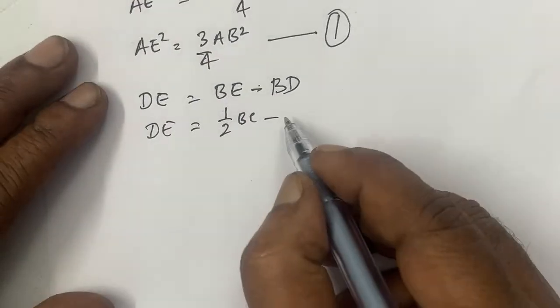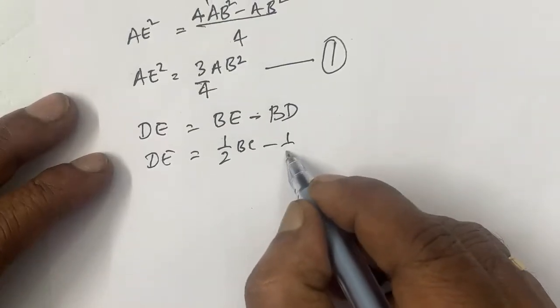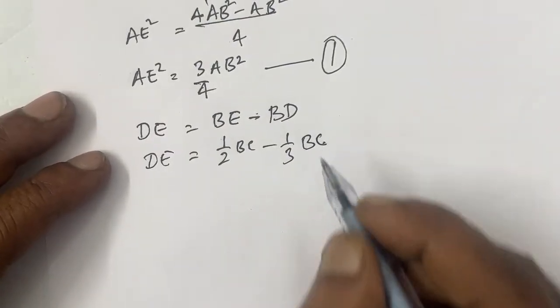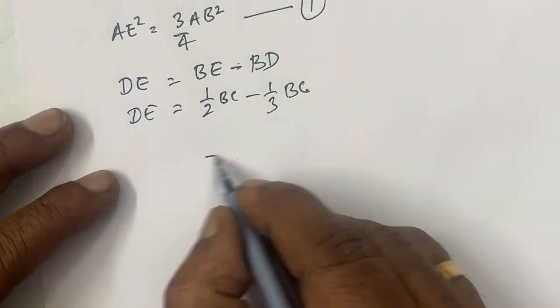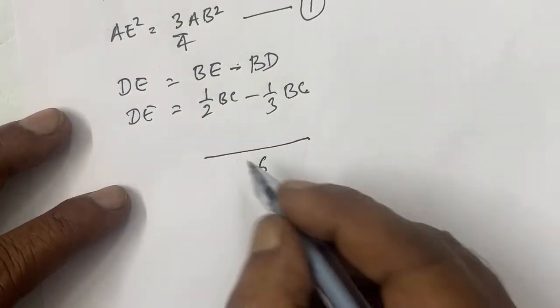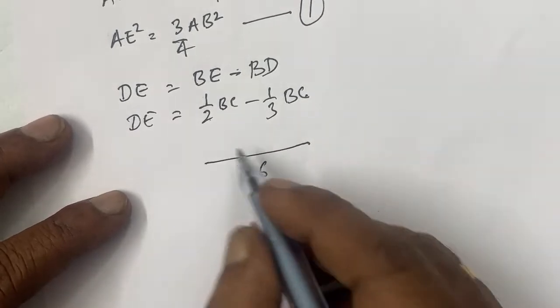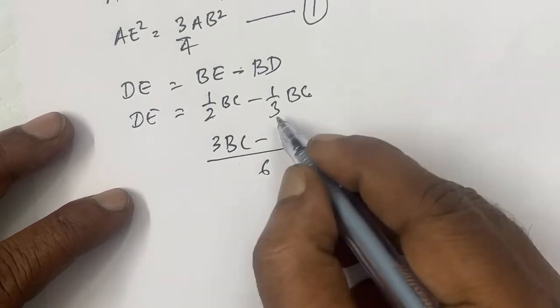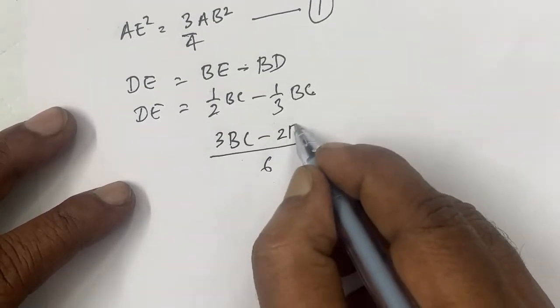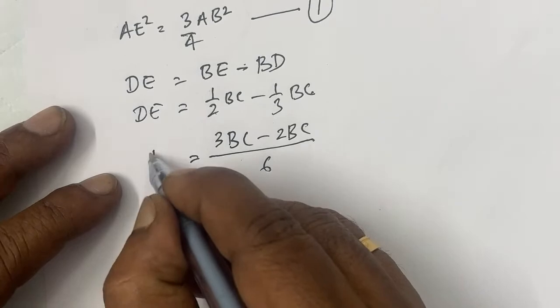Now I am placing 1 by 3 BC here. So now I am taking the LCM for this one. 6 is the LCM. 2 times it will go, 3 BC minus 2 BC, I will get is equal to DE.